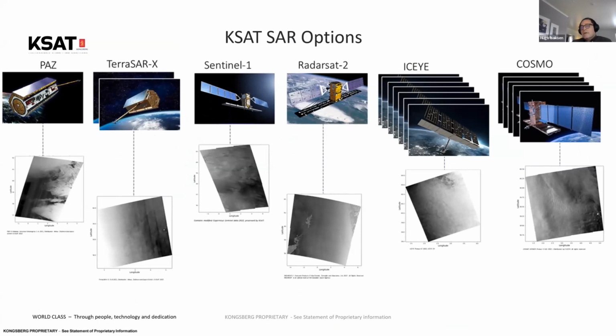Today we have a toolbox of more than 20 satellites for SAR, where we have in-house processors for all of them except for ISI, which uses cloud processing. And this means that we can deliver a service 1 hour after acquisition or 2 hours after acquisition.